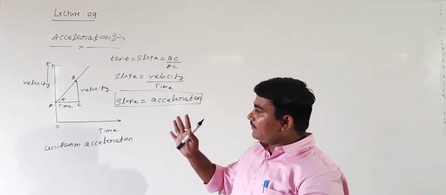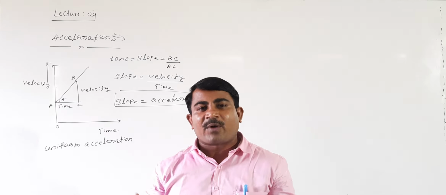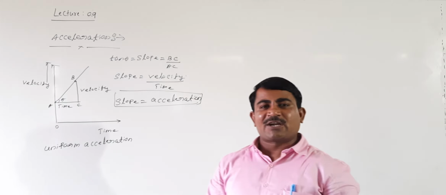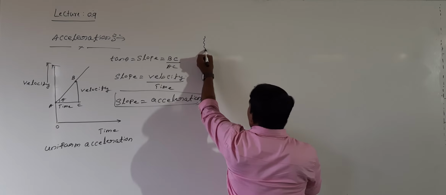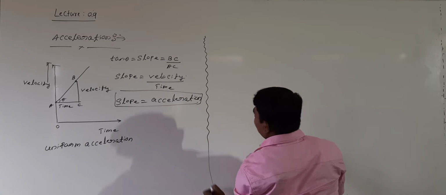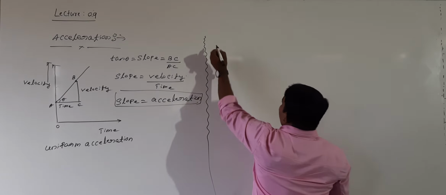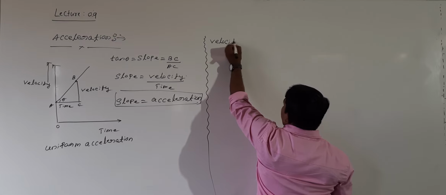But in the same graph, if you take the area, what does area under the velocity time graph indicate? That we will see. Before that, we already know the definition of velocity. Velocity equals displacement divided by time.